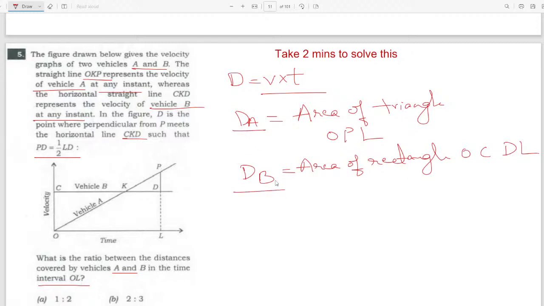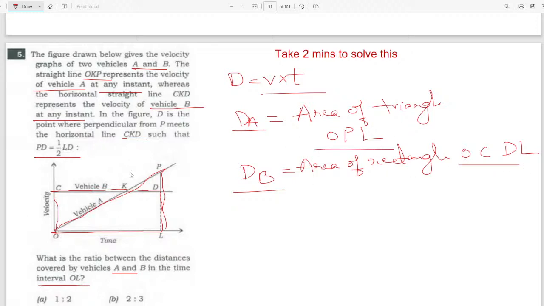So this is the distance covered by A, and this is the distance covered by B. The distance covered by A is the area of triangle OPL, the area under this graph, and the distance traveled by B is the area of this rectangle OCDL.